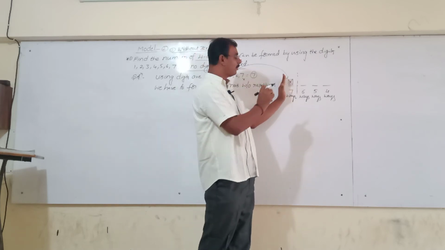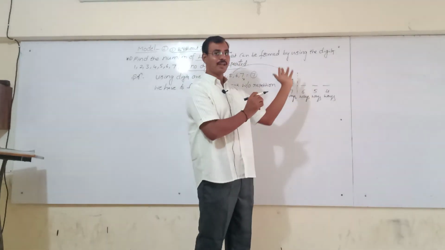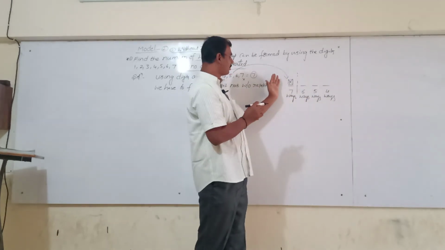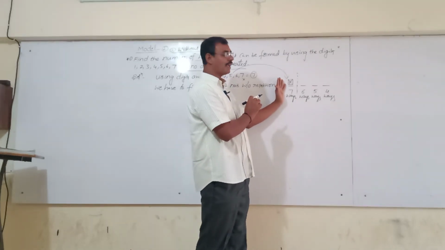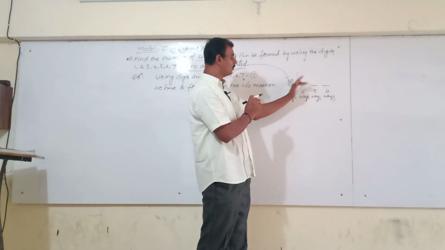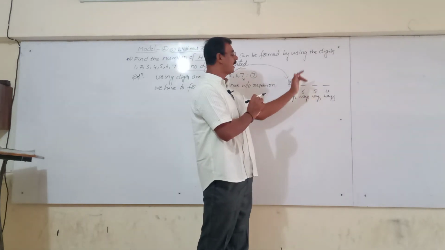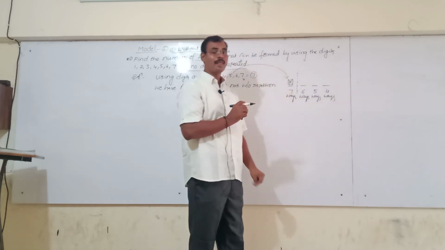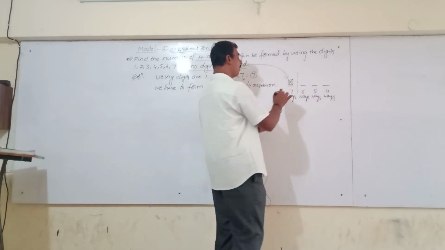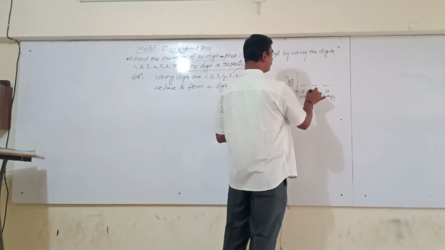I want to fill further, because we need 4-digit numbers, so 4 places are required. He does not stop at the first place; he has to move to the second place, then again move on. That means multiplication, so we have to multiply these numbers.